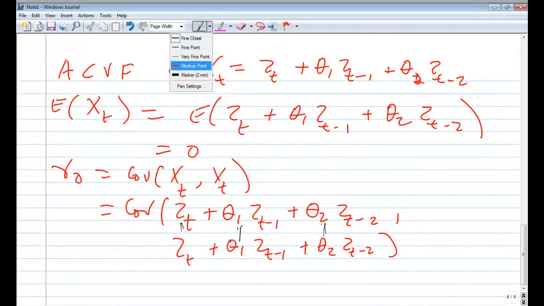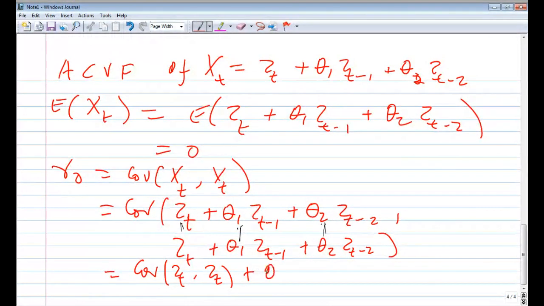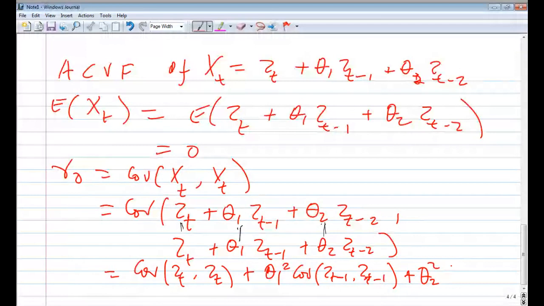So you're going to get the covariance of zt, zt, plus theta 1 squared times the covariance of zt minus 1, zt minus 1, plus theta 2 squared times the covariance of zt minus 2, zt minus 2. So what is the covariance of zt, zt? It is like the variance of zt, and the variance of zt is equal to sigma squared z.